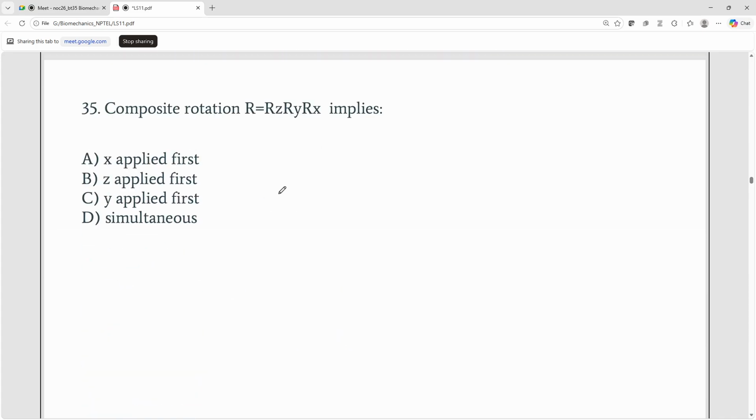Next question. The composite rotation R = Rz Ry Rx implies which among the following?